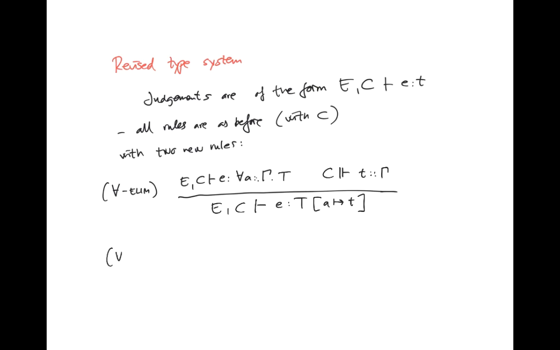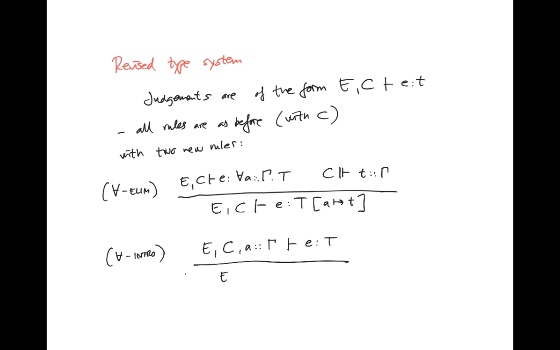The other rule that we need to have is the one that lets us conclude a type scheme. It's the one that says that if we have a type environment E and a type class environment C in which A is a member of all the type classes in gamma, and we can then conclude that E has type T, then what do we know?